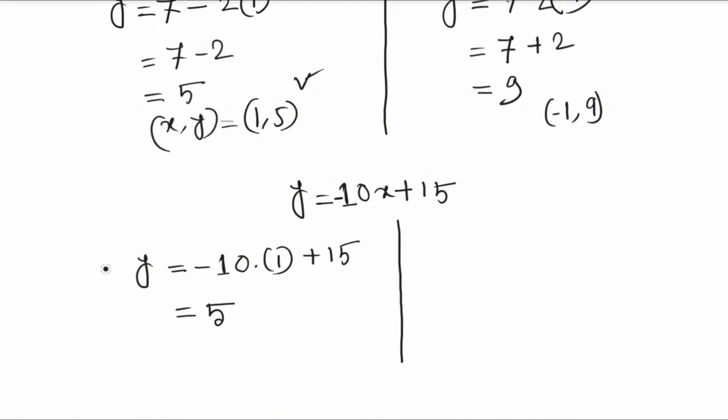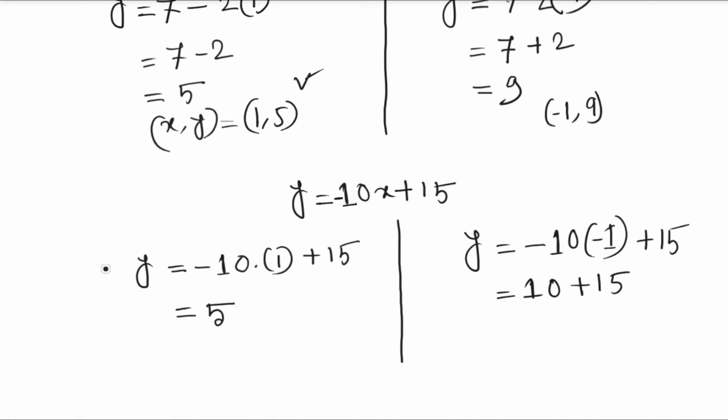And for case 2, y is minus 10 times the value of x, which is minus 1, plus 15. What do we get here? Plus 10 and 15, right? So we have 25, which is not correct, because here we have 9 and here is 25.